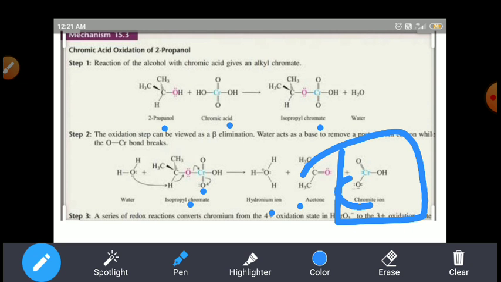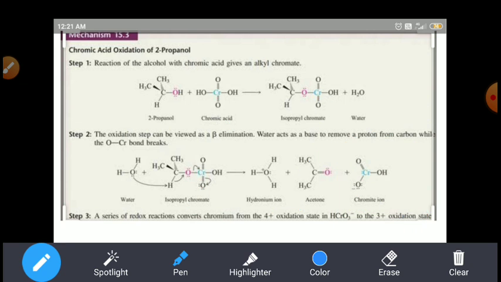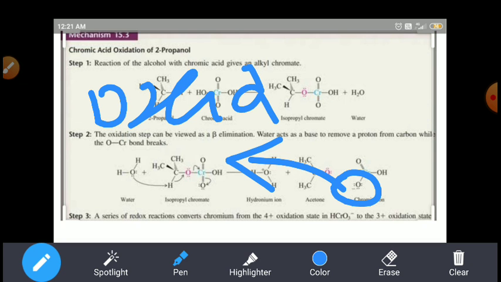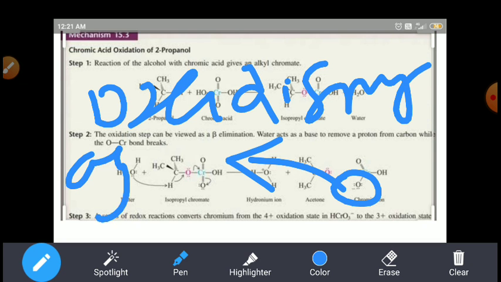So here oxygen attains the negative charge. The oxygen with negative charge means it acts as Cr2O3, Cr2O4, which act as an oxidizing agent.